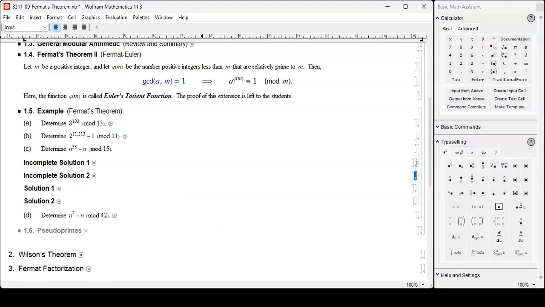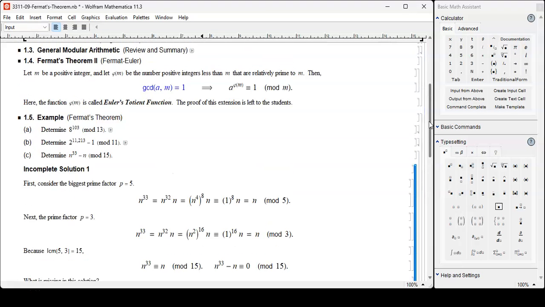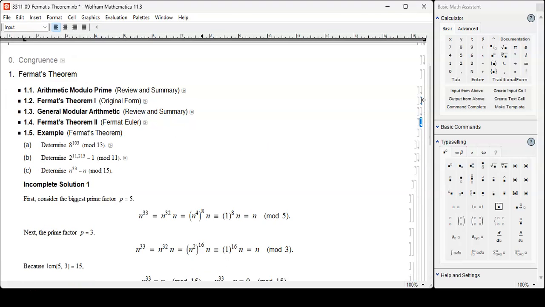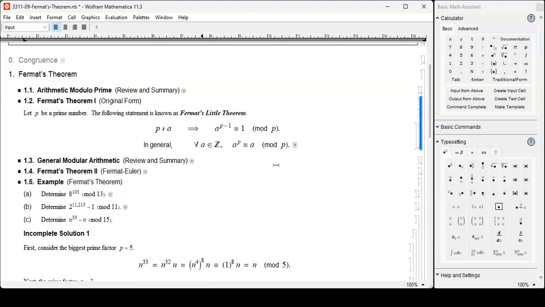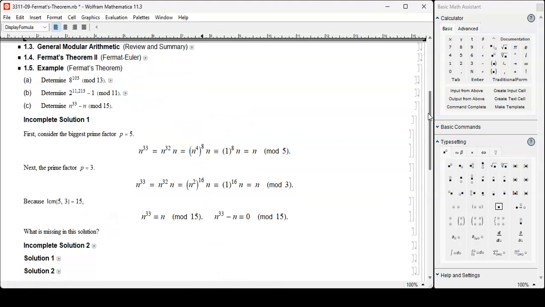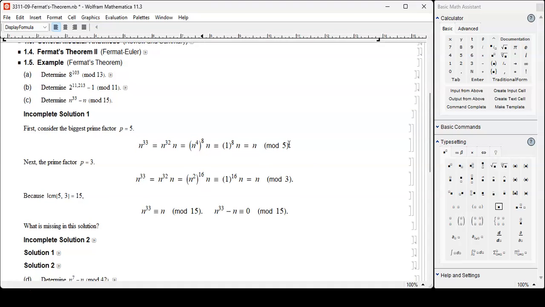What's missing? Another way to do the same thing is to use Fermat's original theorem written for prime numbers. In this case, we have this condition here. So n to the 32nd power times n to the 4th power to the 8th power mod 5, or n to the 32 power to the 6th power, and to the 2nd power is 1 mod 3.